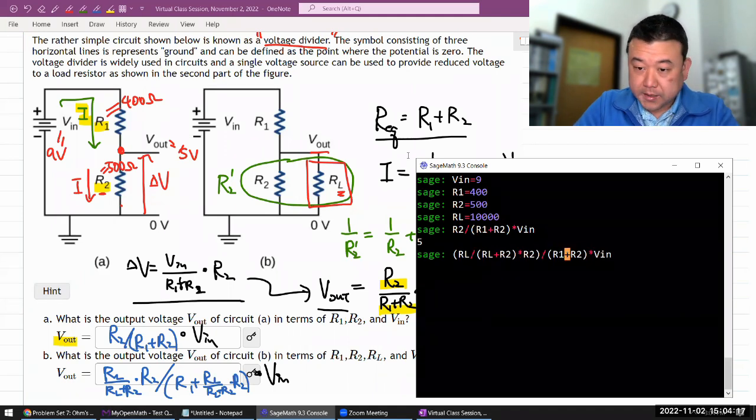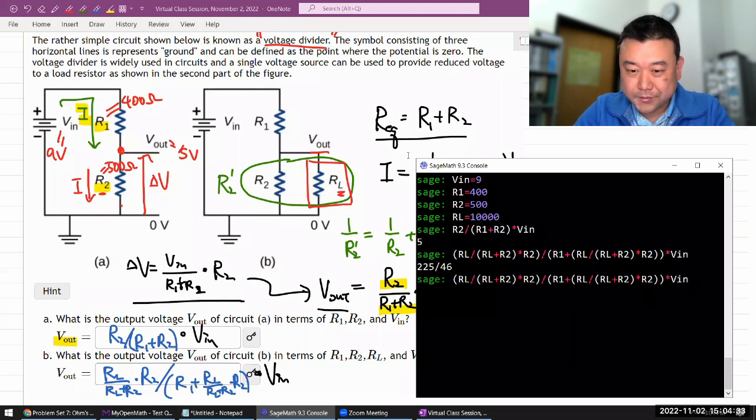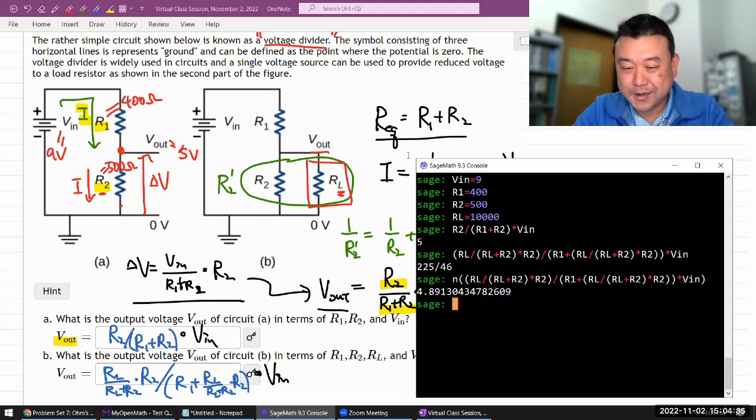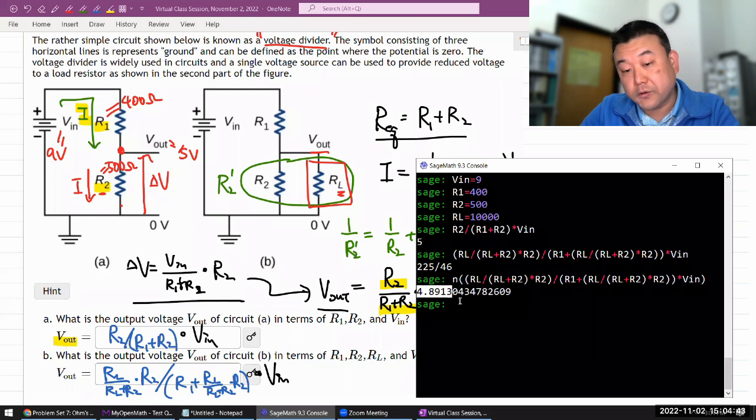So I replace the R2 in the numerator with R2 prime, and the R2 in the denominator with R2 prime. So when I do that and put this through decimal approximation, with this 10 kilo ohm load, instead of getting 5 volts, I get 4.9 volts.